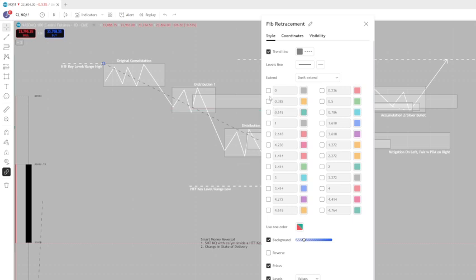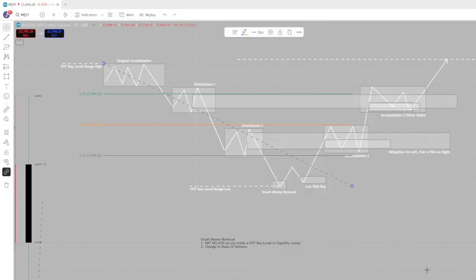If you add the 0.25, 0.5, and 0.75, with no background, on the right side you can expect the first stage accumulation to happen on the 0.25 of the dealing range, and then you can expect the second stage accumulation to happen on the 0.75 of the dealing range. So this would be first stage.